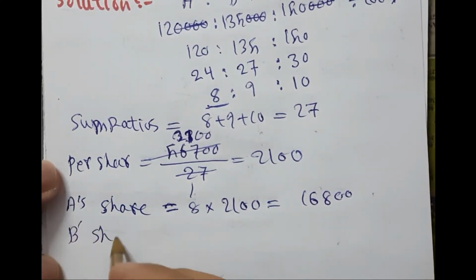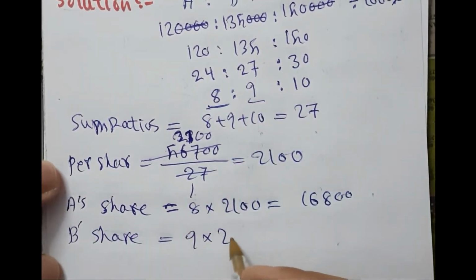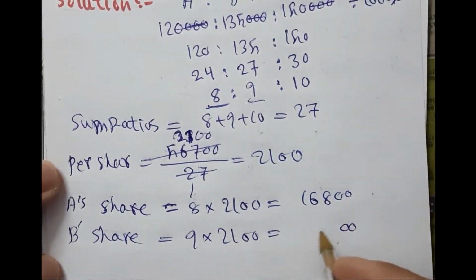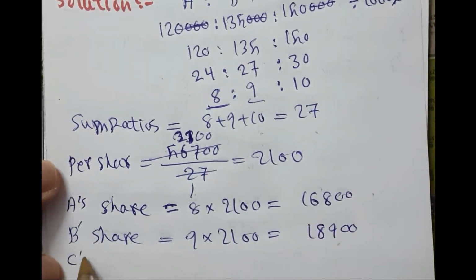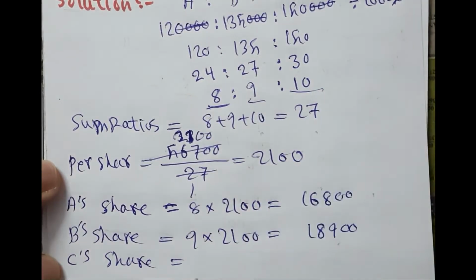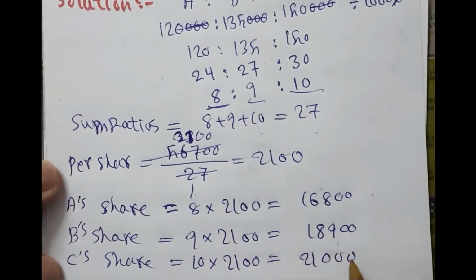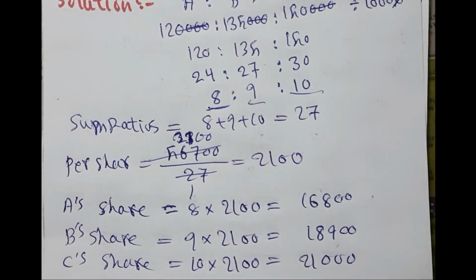B's share is equal to 9 multiplied by 2,100, which is equal to 18,900. C's share is equal to 10 multiplied by 2,100, which is equal to 21,000. It is the solution of this example.